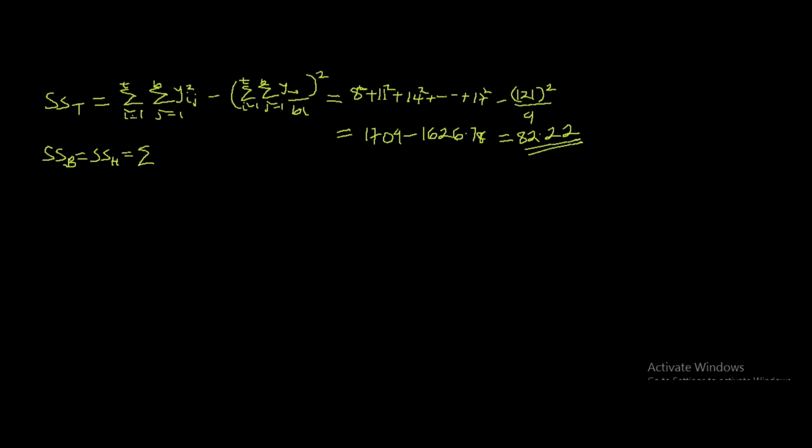The formula for this is summation from J equals 1 to B of y I dot squared, all divided by B, minus what we have here: the summation over I from 1 to T and J from 1 to B of y dot dot, all squared, divided by BT, which is referred to as the CF.